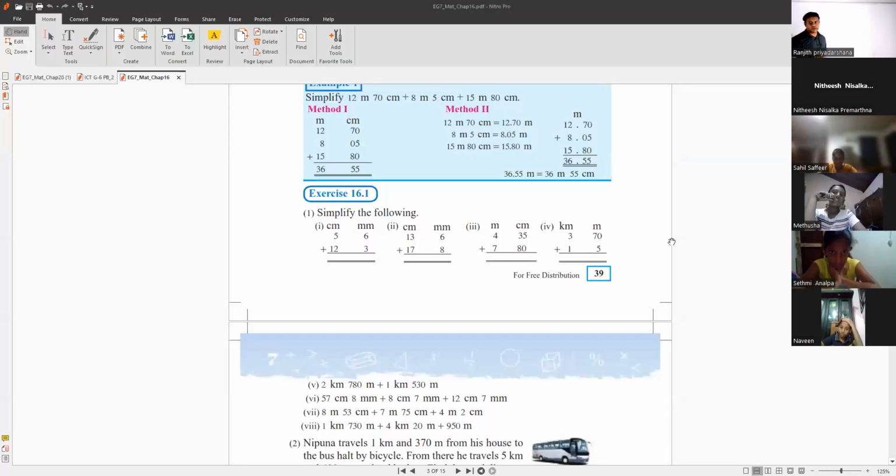Take down the subtopic, addition of lengths.